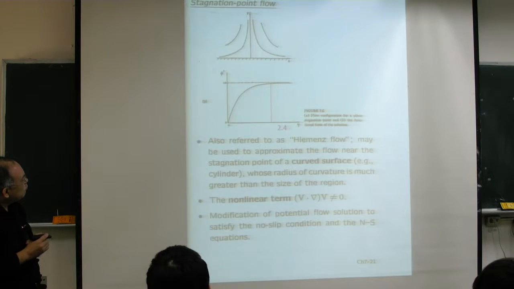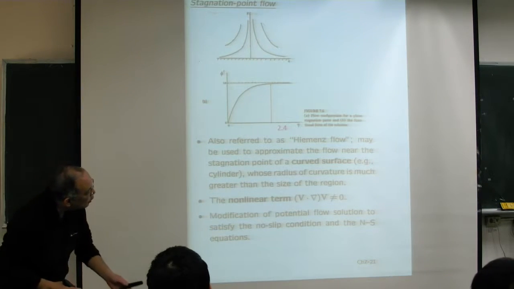Okay, and this is another name for this flow, the Hiemenz flow. So I already mentioned our stagnation flow can be approximated as a stagnation flow for a curved surface.